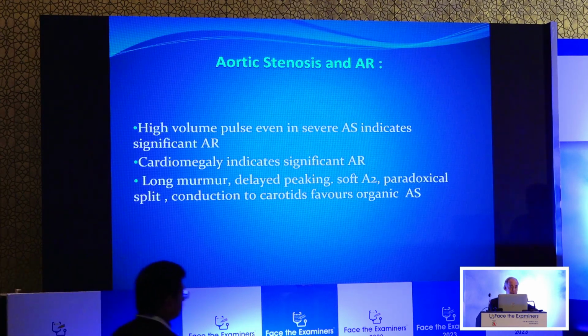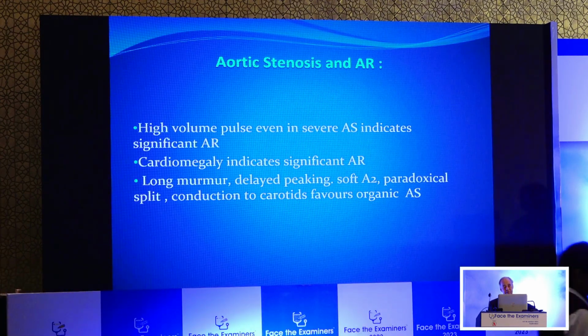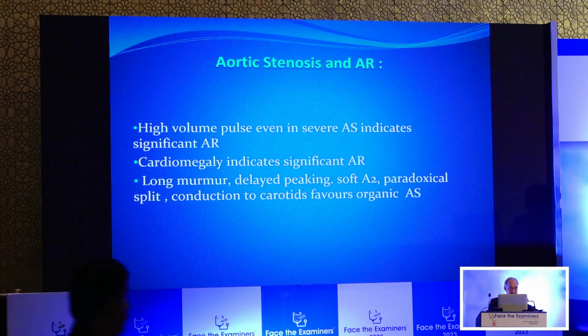Cardiomegaly in a patient of aortic stenosis will indicate that there is a significant amount of aortic regurgitation. Usually aortic stenosis will give rise to only left ventricular hypertrophy, there will not be a dilatation. So if you see in aortic stenosis that there is a cardiomegaly, diagnose that there is associated aortic regurgitation.